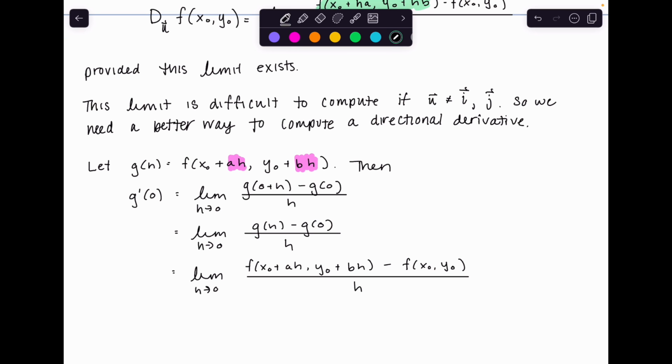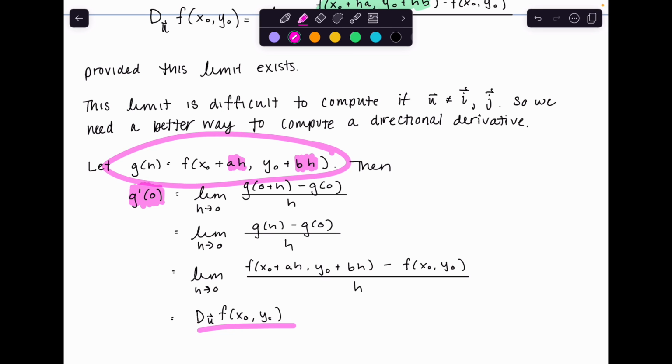And that is exactly the directional derivative at this particular point. Okay. So if I can come up with a different way to calculate g prime of 0 based on this expression, that is my directional derivative. So it gives me a different way to calculate it.